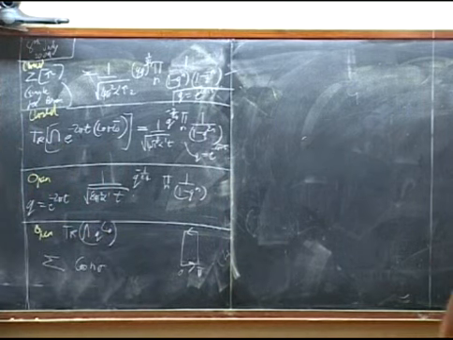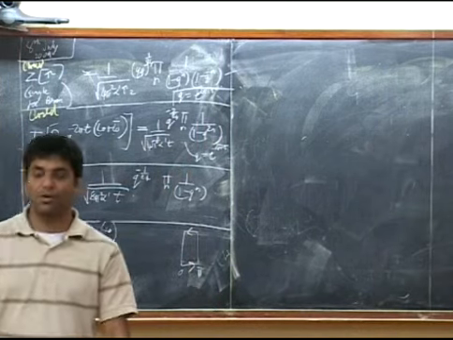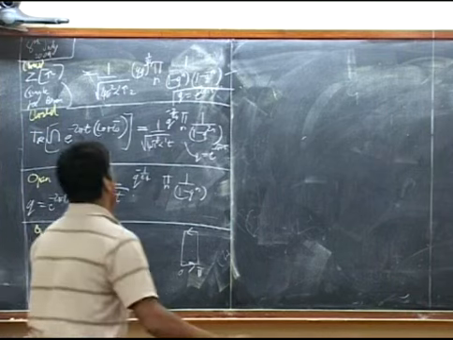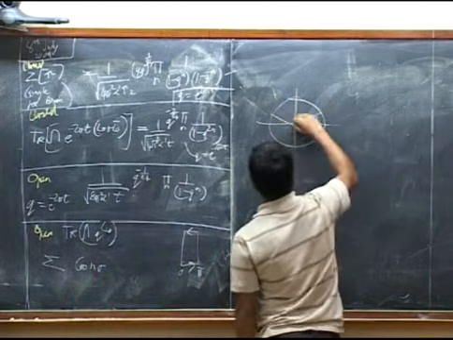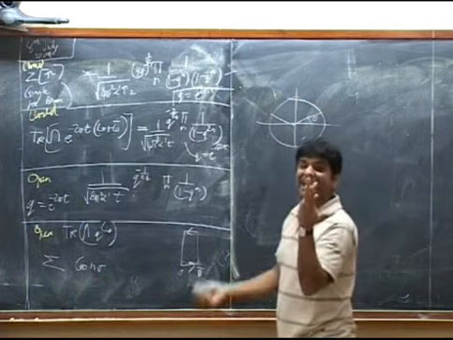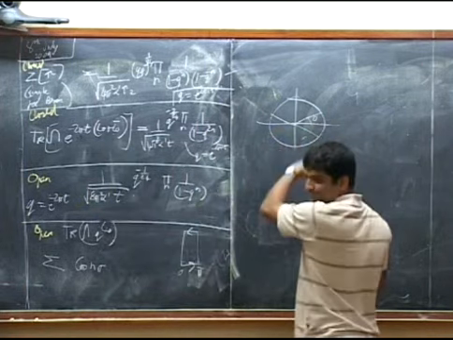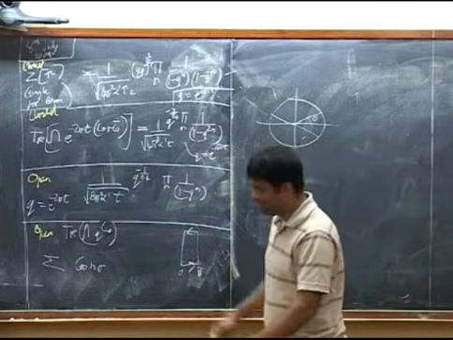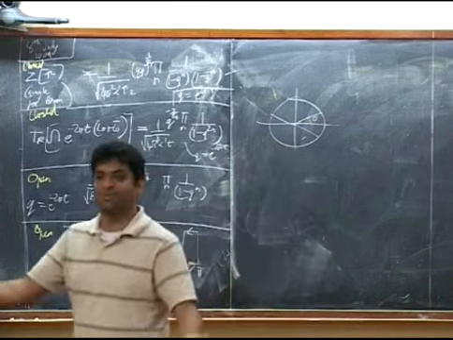Now, under sigma goes to pi minus sigma, what happens to cosine n sigma? Let's remember the unit circle: if you've got theta here, pi minus theta is here, so its cosine is negative. But twice of that would bring it to 2 pi minus 2 theta, which would be cosine of 2 theta.